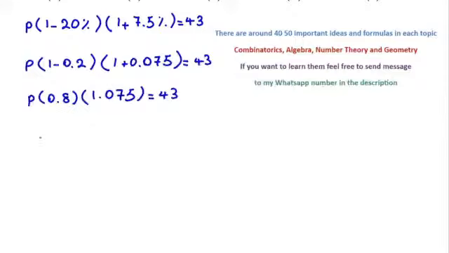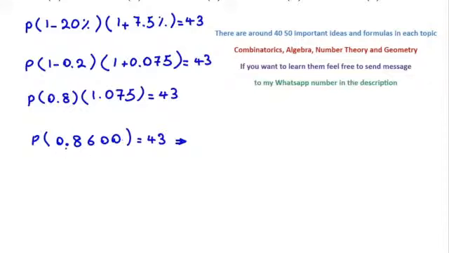Now if we multiply: 8 times 5, 40, we have 4. 8 times 7, 56, plus 4, 60, we have 6. 8 times 0, 0, plus 6, 6. 8 times 1, 8. So we get 0.86, P times 0.86 equals 43.